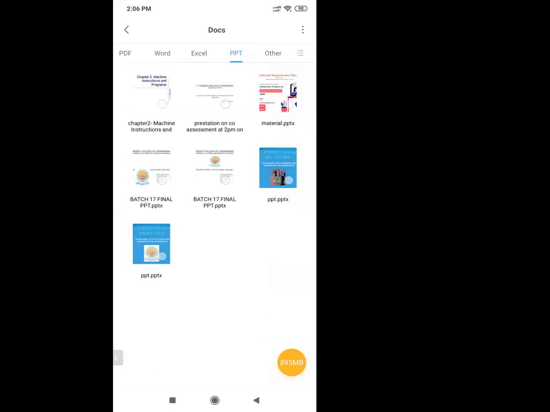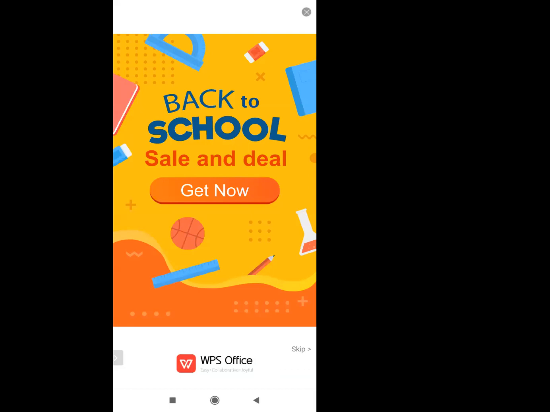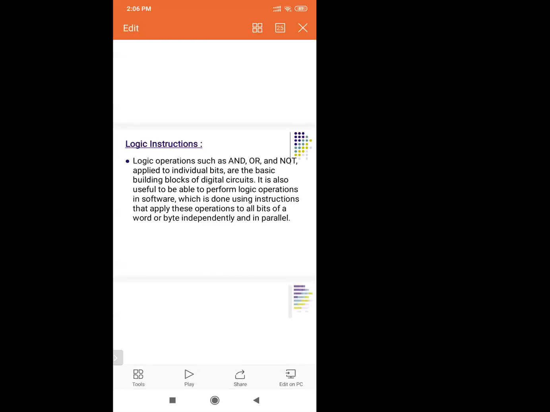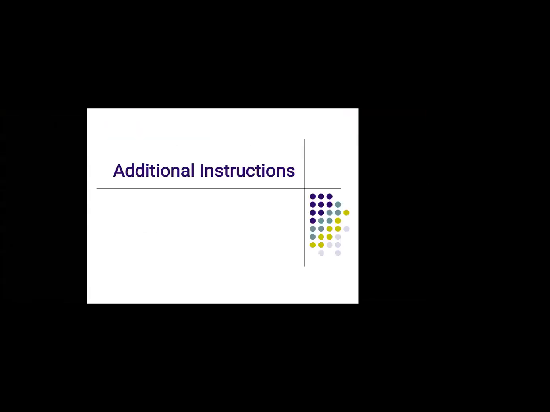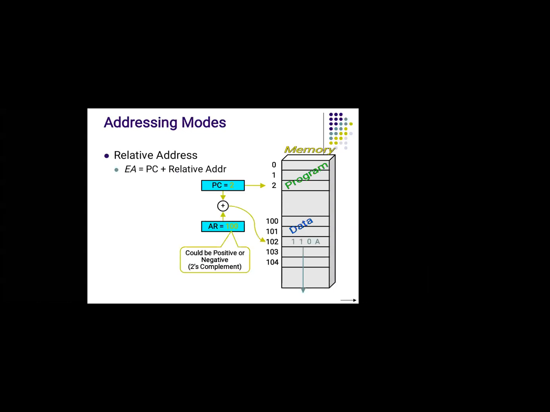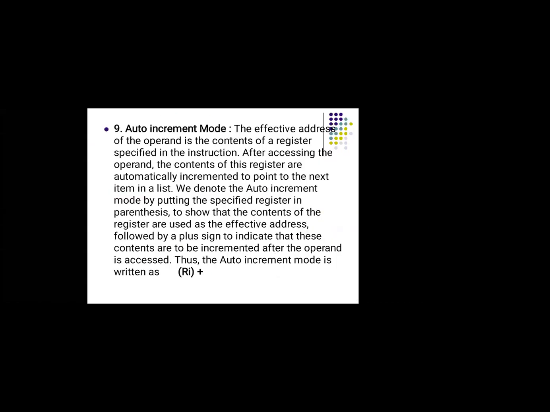Similarly, in a stack there are two operations. What are they? Push and pop.